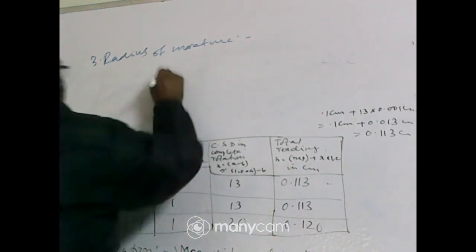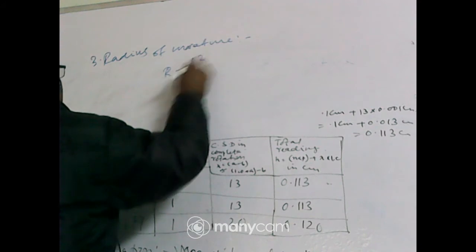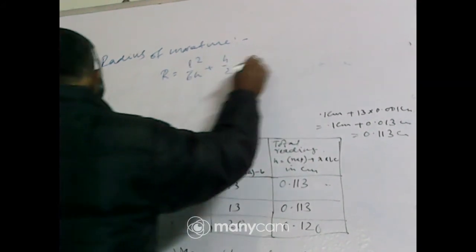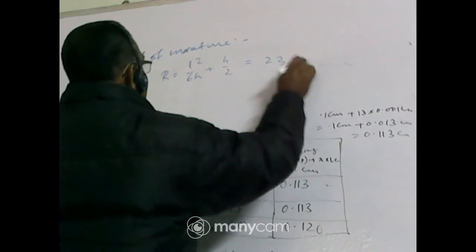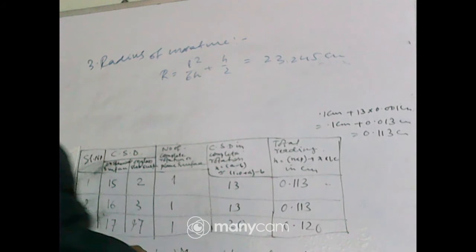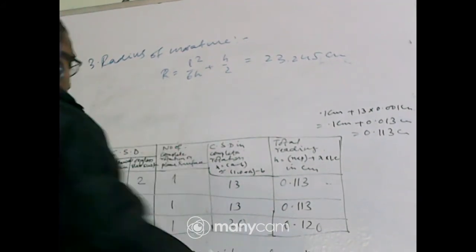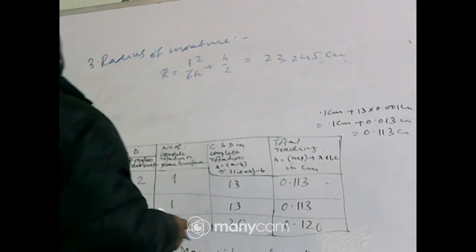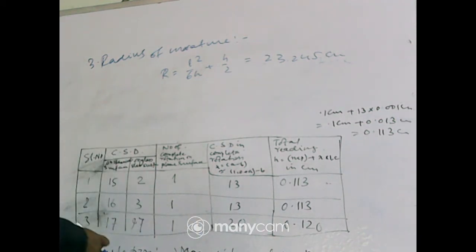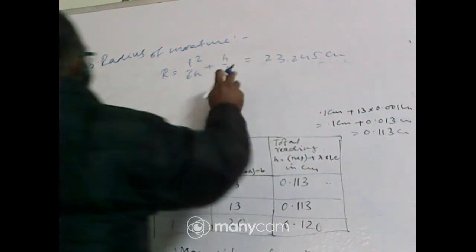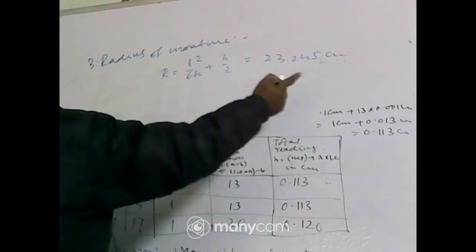That value r equal to L square by 6h plus h by 2. That value will be 23.245 centimeter. You put the value of L equal to 4, you know it, and h equal to that value, you put it here, you calculate it, that value is this. A result.